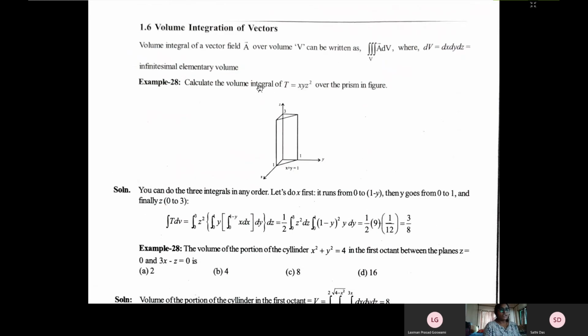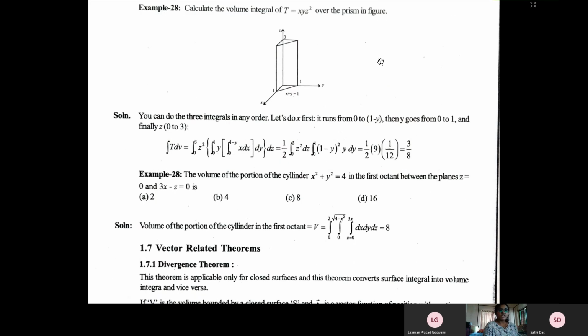And the volume integration of a vector is represented as the integral over V of A dot dV, where dV is dx dy dz, the infinitesimal elementary volume for that particular segment or object which we are considering.